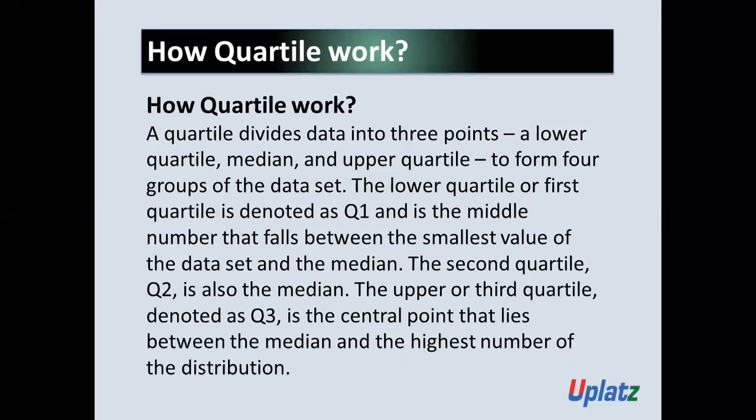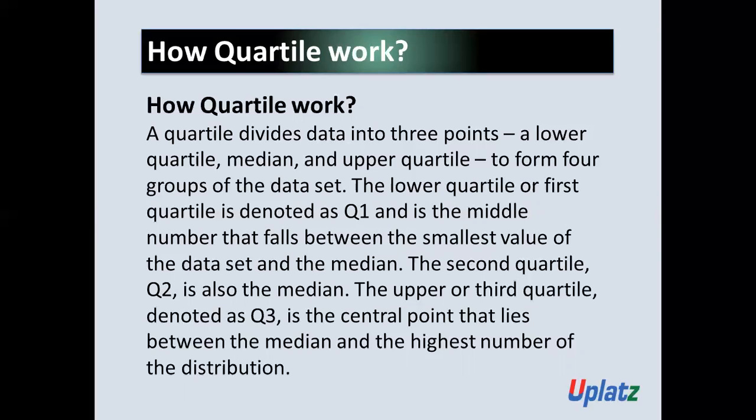The upper or third quartile is denoted as Q3, and it is the central point, or you can say the middle point that lies between the median and the highest number of the distribution, or you can say the last number of the data. What is Q1? The lower quartile is the middle number that falls between the smallest value of the data set and the median.